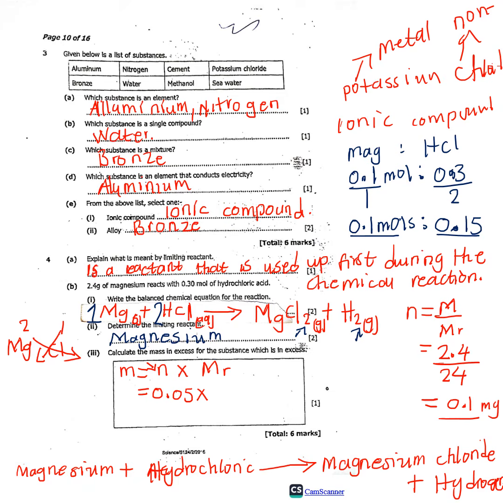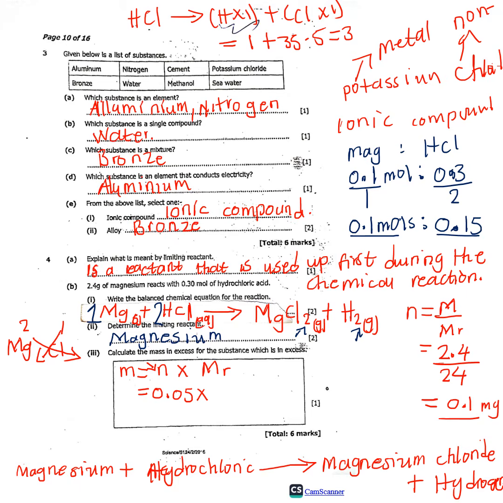Then let's find the molar mass for HCl. In HCl, there is one atom of hydrogen and one atom of chlorine. So it's hydrogen times 1 plus Cl times 1. The mass number for hydrogen is 1 plus 35.5 times 1, which is 35.5.